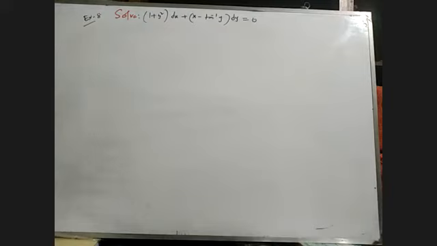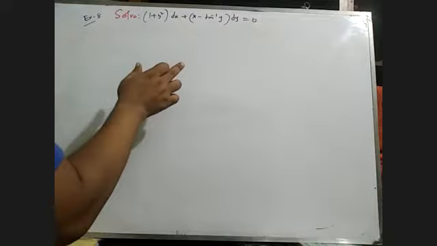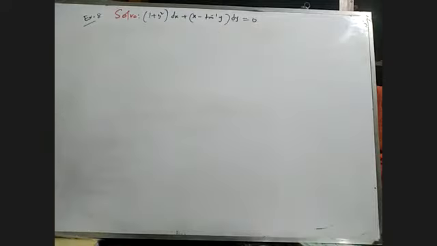Now another interesting example, in which the equation becomes linear when x is treated as the dependent variable. That means it will become linear if we assume x as the dependent variable and y as the independent variable.